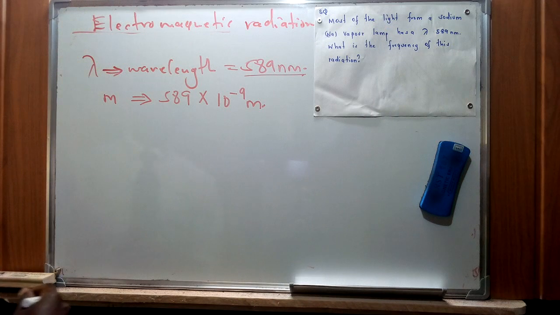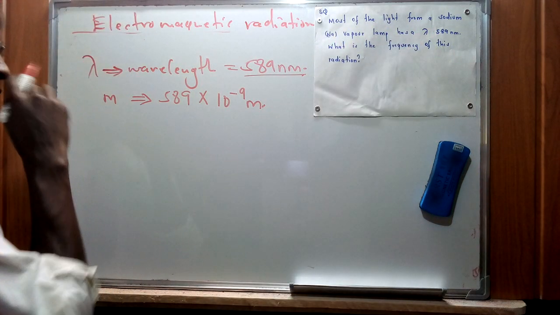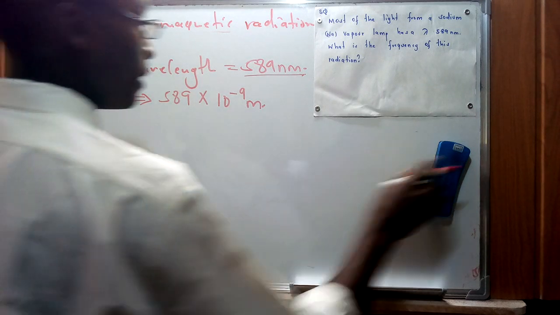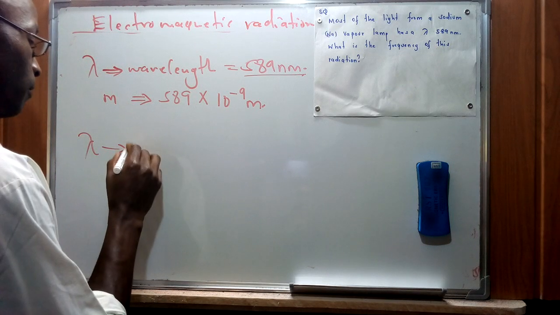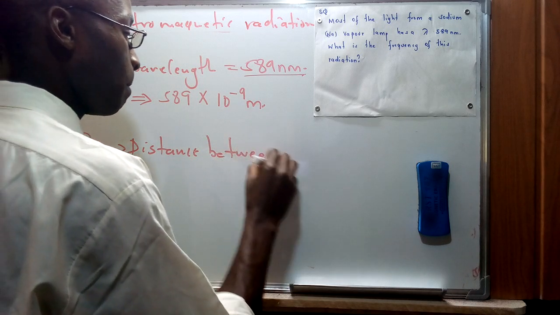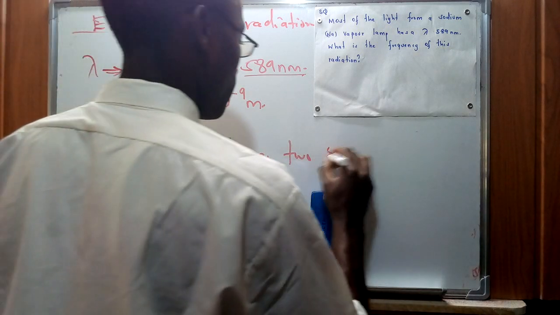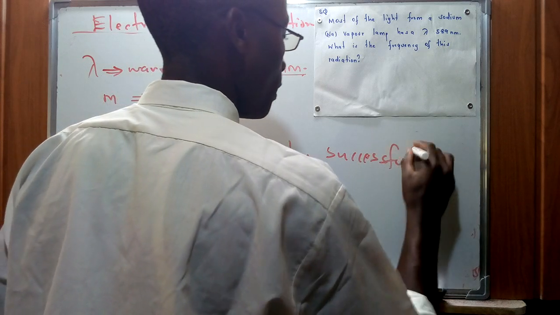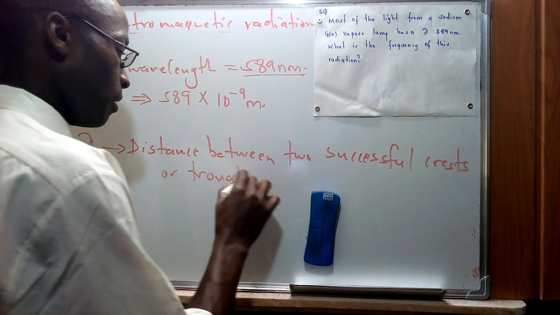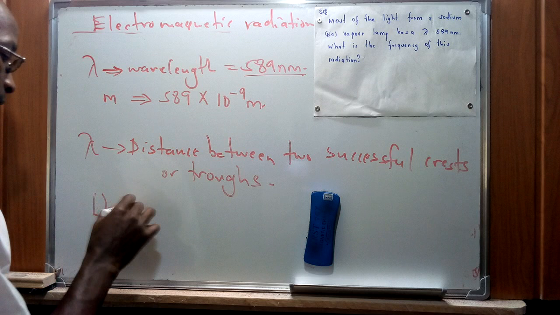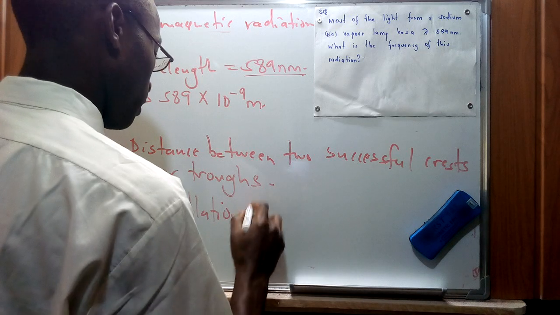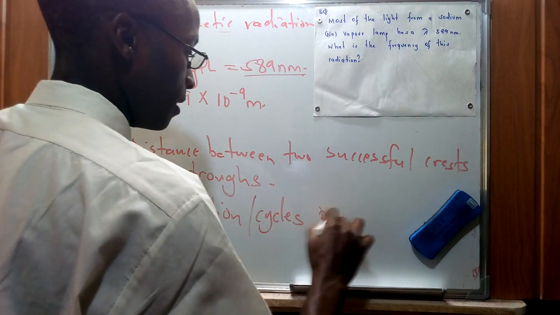And then, what is the frequency? I said there's a relationship between the wavelength and the frequency, whereby the wavelength is the distance between two successive crests or troughs, whereas the frequency is the number of oscillations or cycles per second.